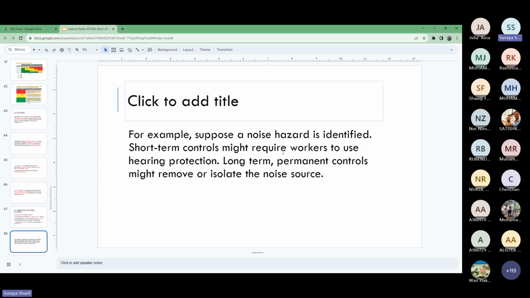But even in that case, any level of noise, if it is continuous and you are working in that environment, can still damage your hearing. So the short-term way to control the hazard is by using hearing protection.